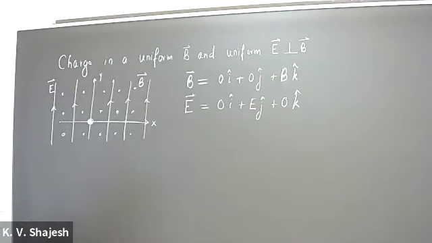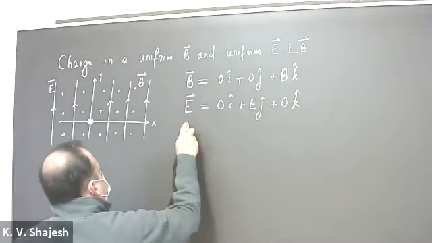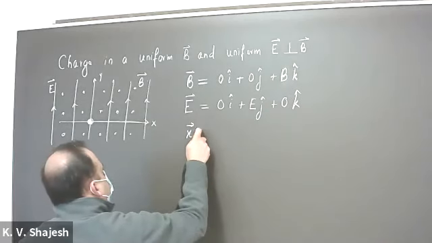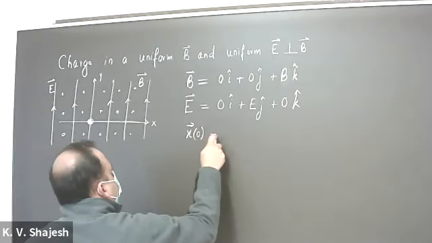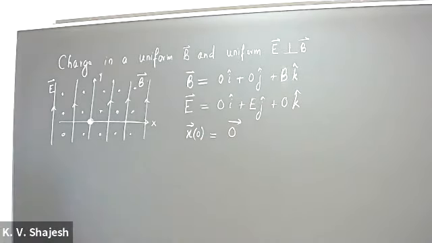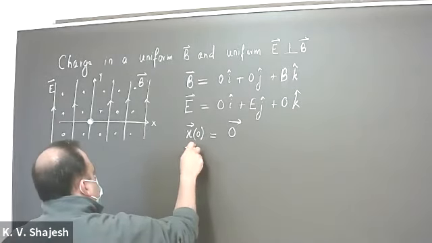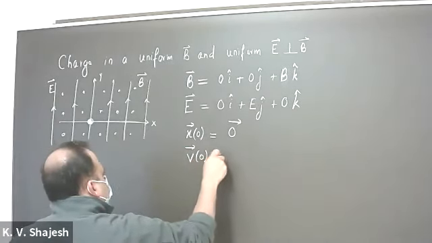And we have to put some initial condition. I said we'll start from the origin. So the position of the charge at time t equal to 0 is the zero vector, it's at the origin itself, and the velocity at time t equal to 0.